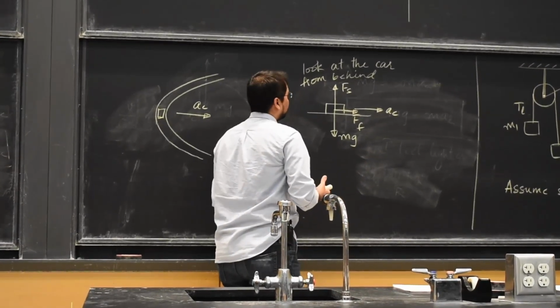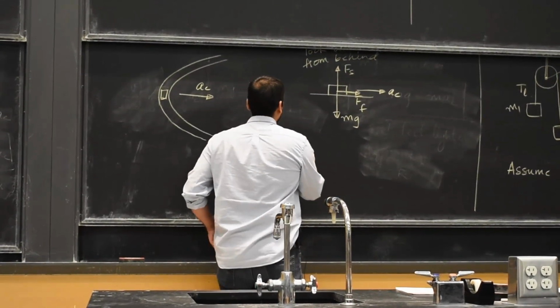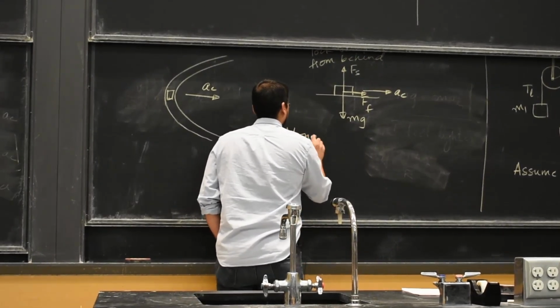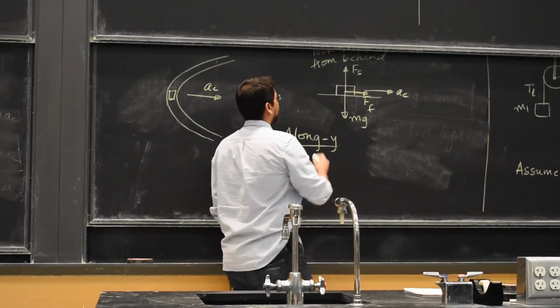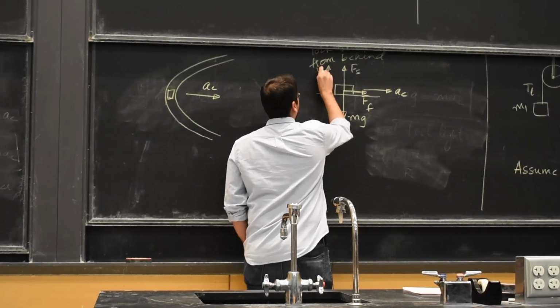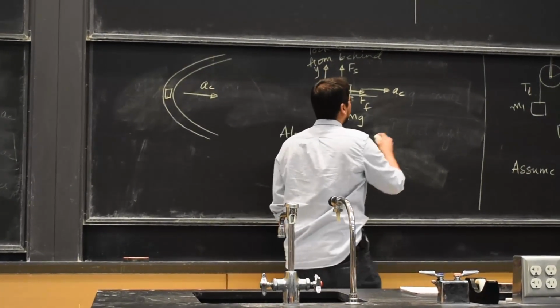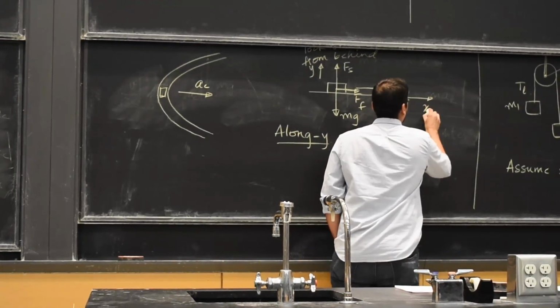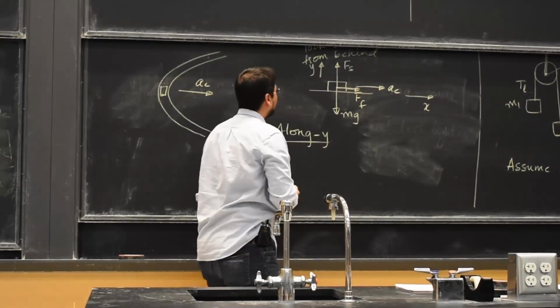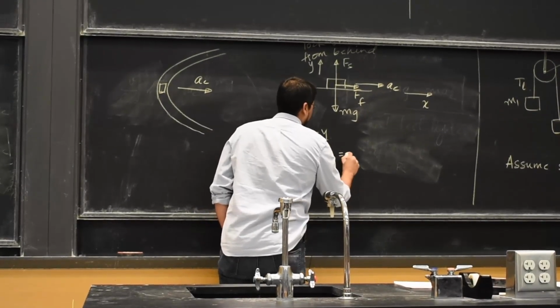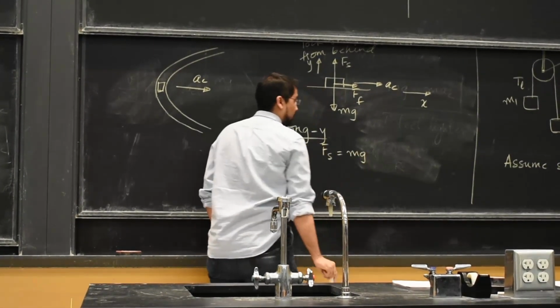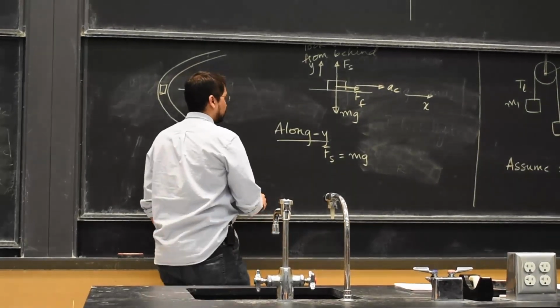Let me write down the equations of motion for this. Along y, if I call vertically upwards plus y, and to the right x, along y, Fs must be mg.